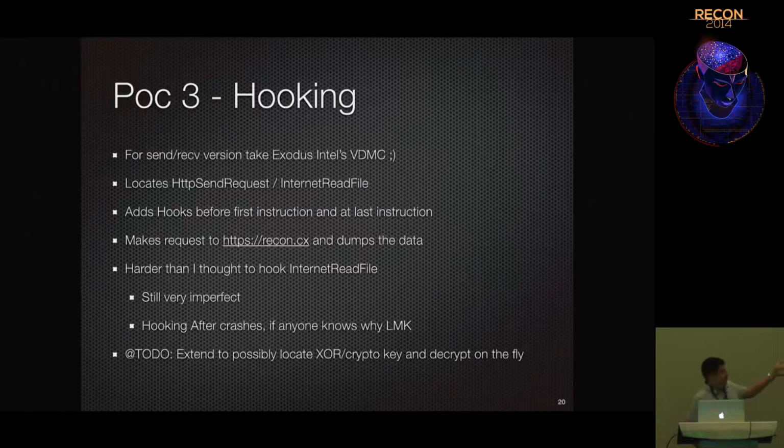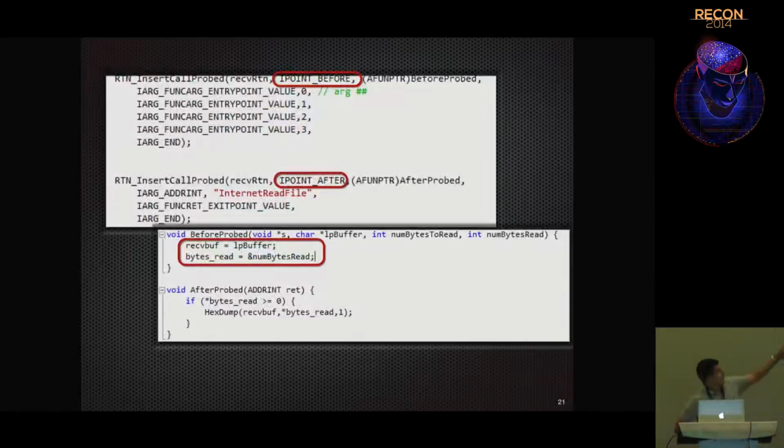So I ended up adding my dump into my before, because I was running just a test program, so I knew I would be iterating through a loop. But unfortunately, I was never able to get this stable enough to run it with malware like I had wanted to. Up here you'll see I'm making the before call, and InternetReadFile has 4 arguments.